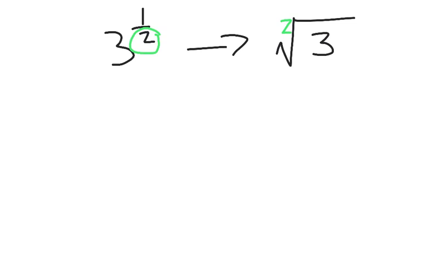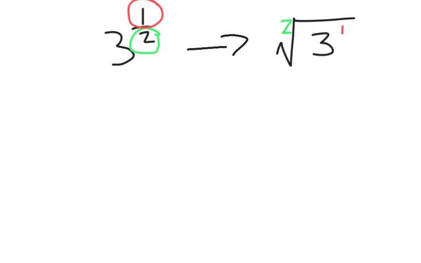Because this one had a 2 on the bottom, I'm taking a square root. If it was a 3 on the bottom, it would be a cube root. A 4 on the bottom would be a 4th root. And then the number on top, we can write as a power on the inside. So this would be taking the square root of 3 to the 1st power.